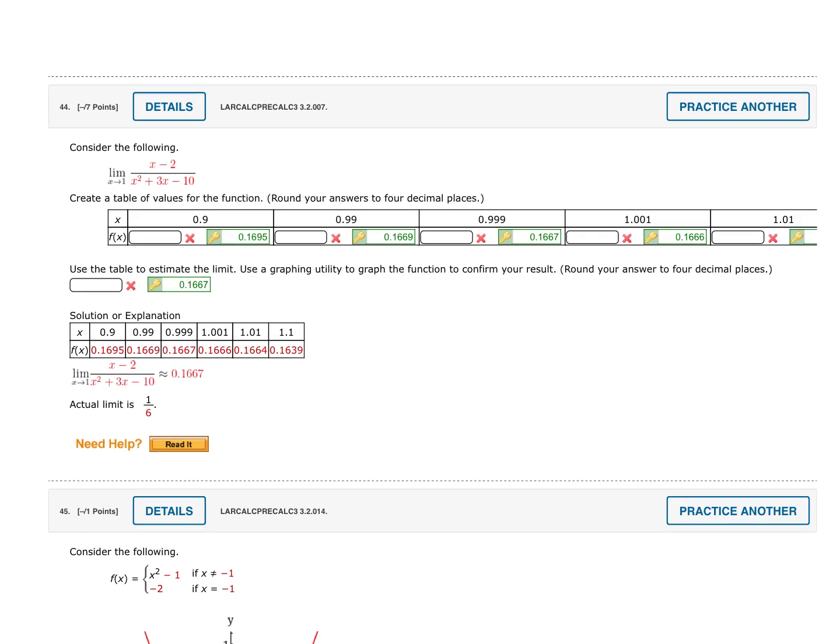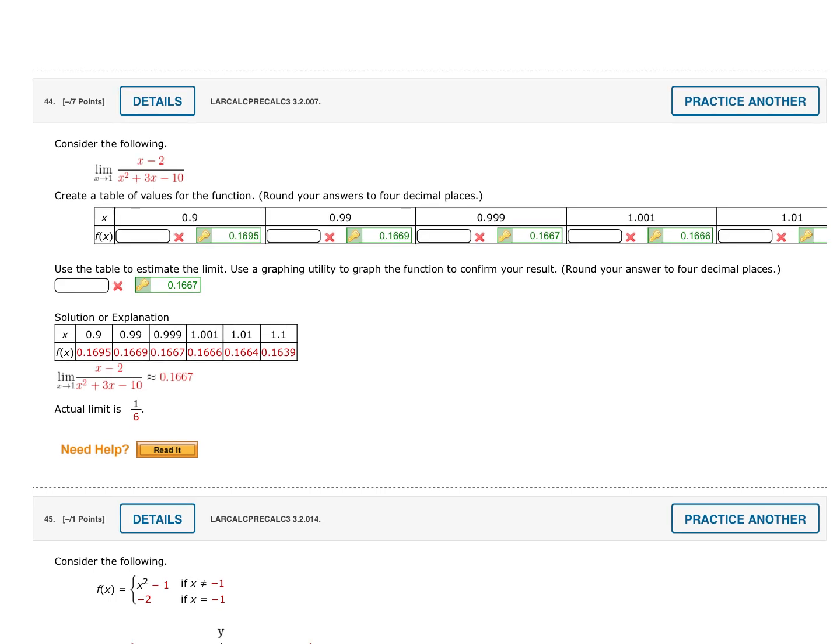You guys can have your graphing calculator. So for some questions like this, we plugged it into our graphing calculator. If it says find the limit as x approaches 1, we'd want to plug in numbers that approach 1 from the left and from the right and see what value we get closer and closer to.